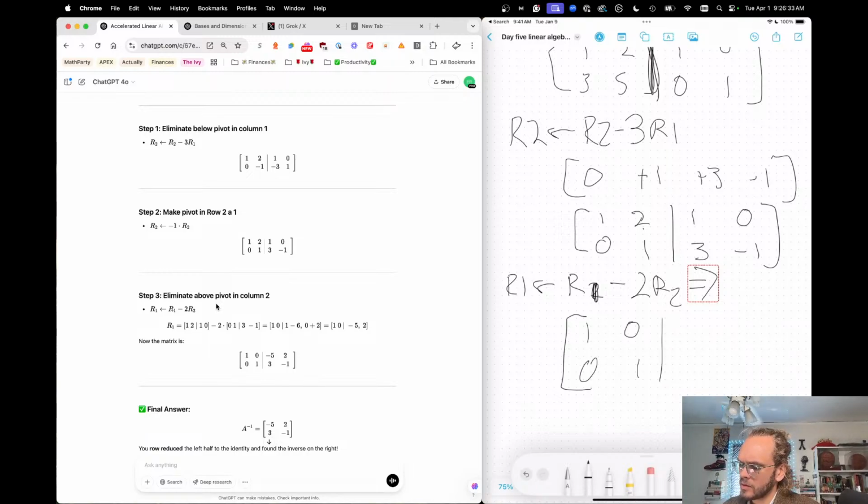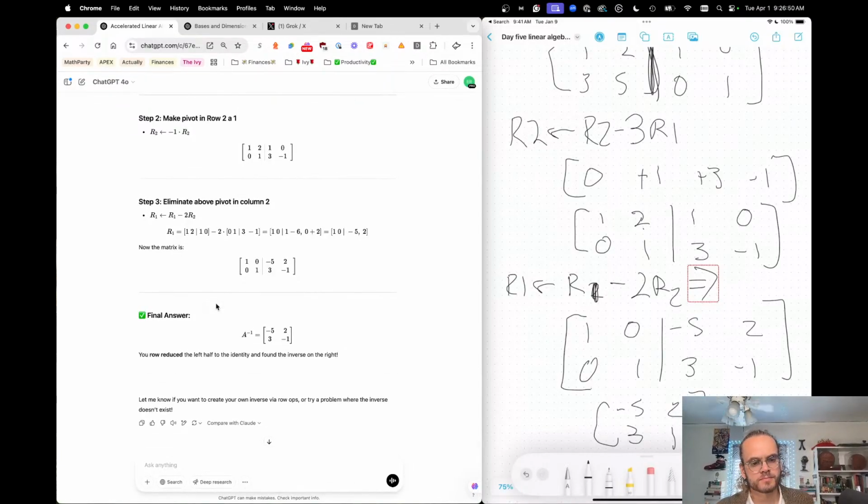And then 1 minus 2 times 3 is negative 5. 0 minus 2 times negative 1 is 2. And so I assume this is the inverse. Negative 5, 2, 3, 1. This will probably get a lot faster for me. Nice. All right. That was great.